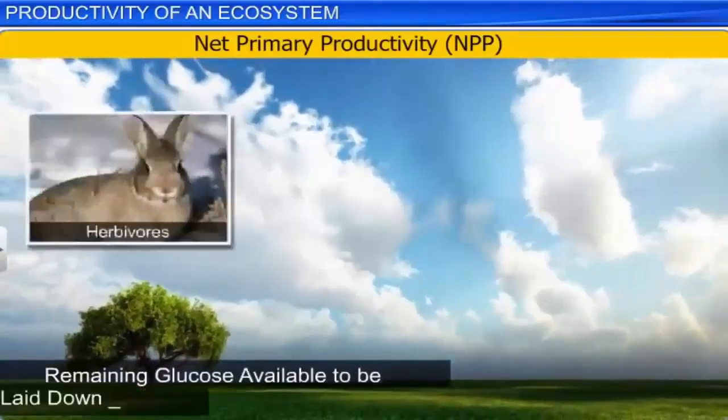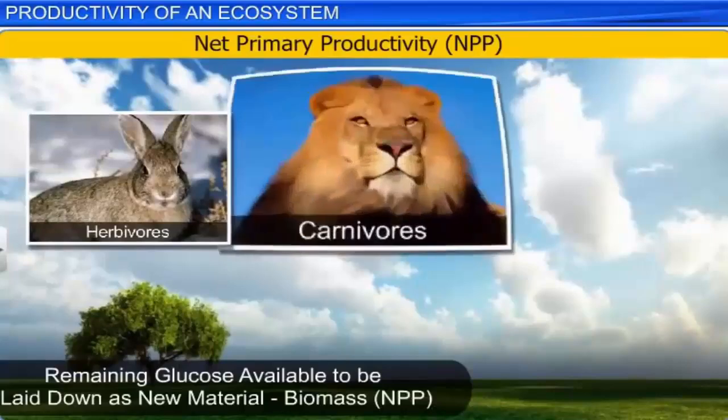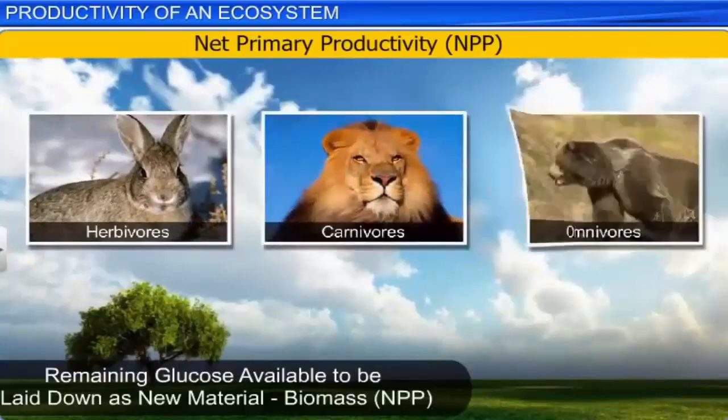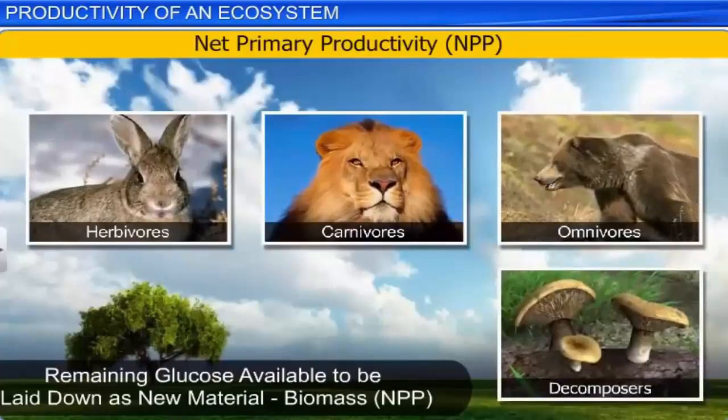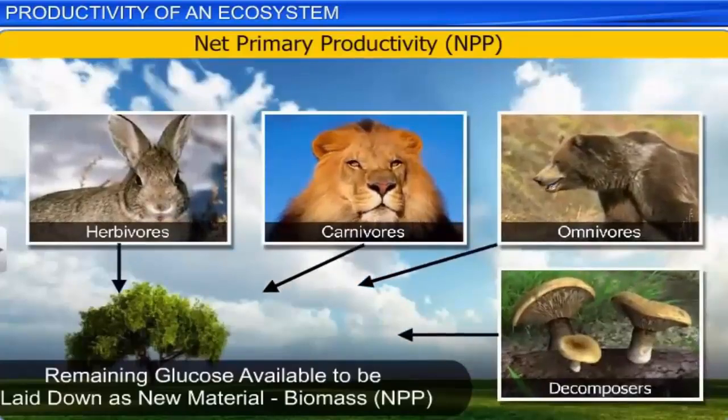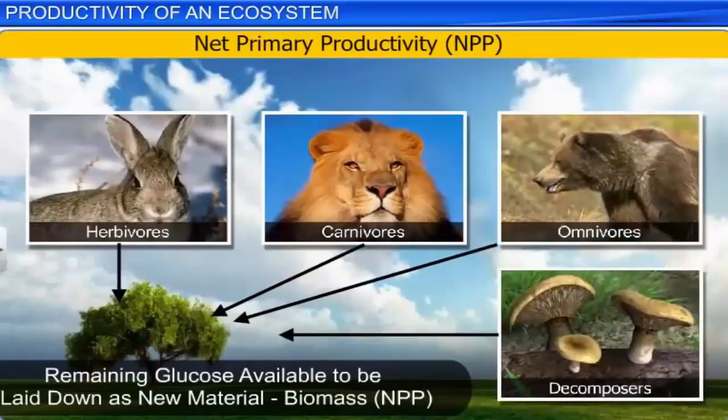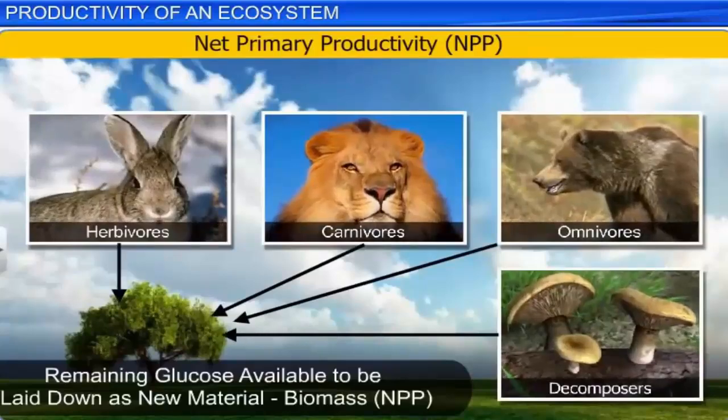Heterotrophs such as herbivores, carnivores, omnivores, and decomposers feed on this net biomass available either directly or indirectly and convert chemical energy of their food into their own biomass.